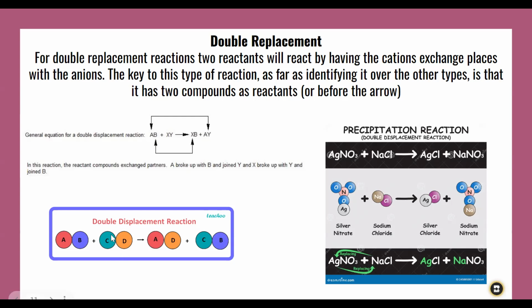So this is a better way of looking at it. You see this? A and C. Now C is with this and A is with this. Okay, look at it very well. Another example of that, you see this silver and sodium, they trade places, okay?